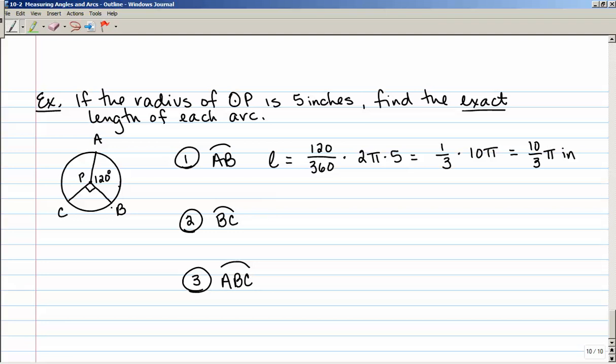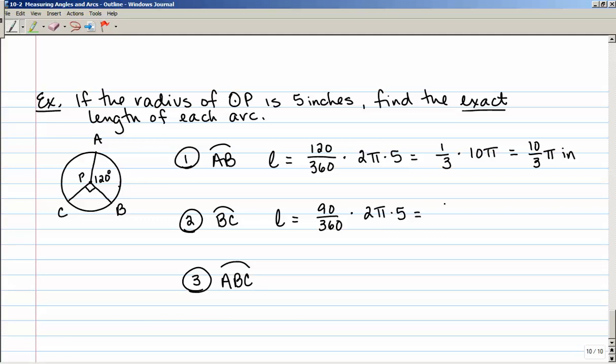BC. Notice that arc BC is actually going to be 90 degrees because angle BPC is a right angle. So the arc length is going to be 90 over 360. Okay, look at the picture. Isn't that right angle 1/4 of the whole circle? So basically this is going to reduce to 1/4. And then we had already figured the circumference of the circle is 10 pi.